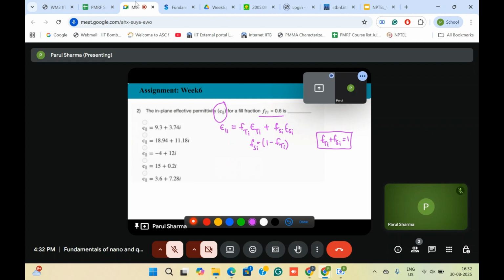So it is 0.6 fill fraction of Ti, and epsilon of Ti was minus 4 plus 12i, plus 1 minus 0.6, that is 0.4, times 15 plus 0.2i.